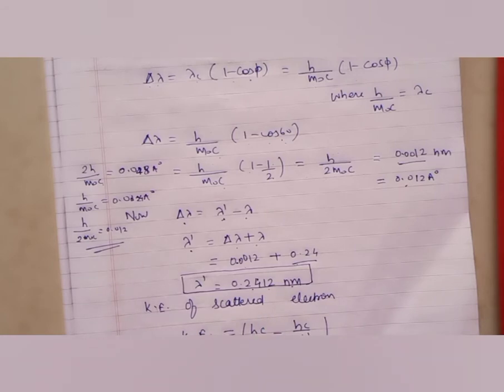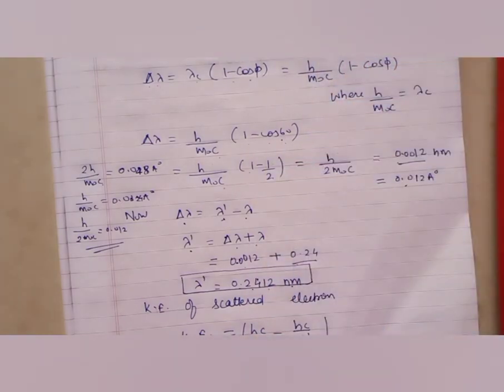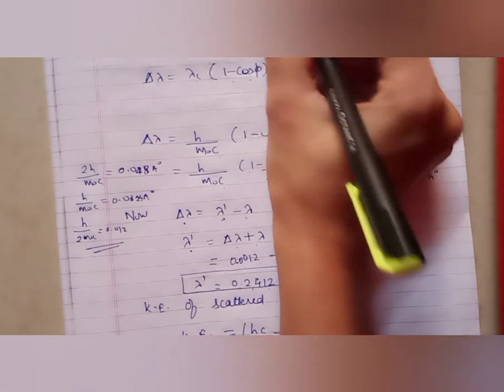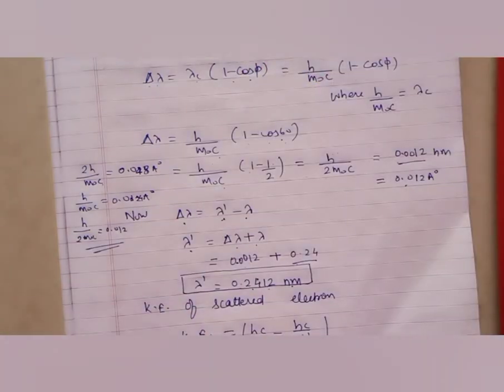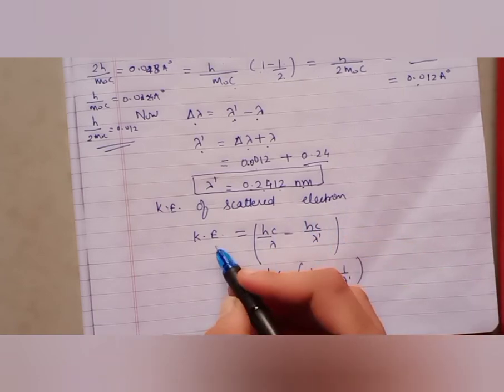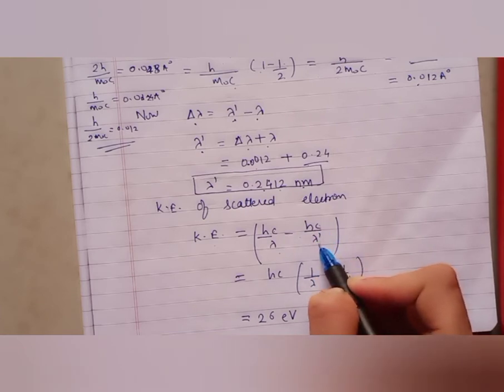What we have to find out is the kinetic energy. The kinetic energy of the scattered electron is given by hc by lambda minus hc upon lambda dash.